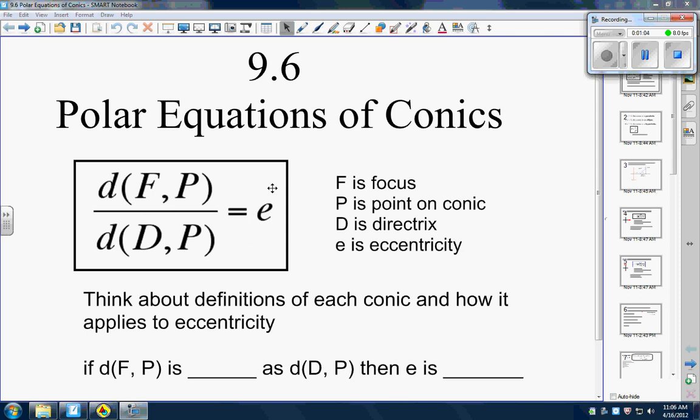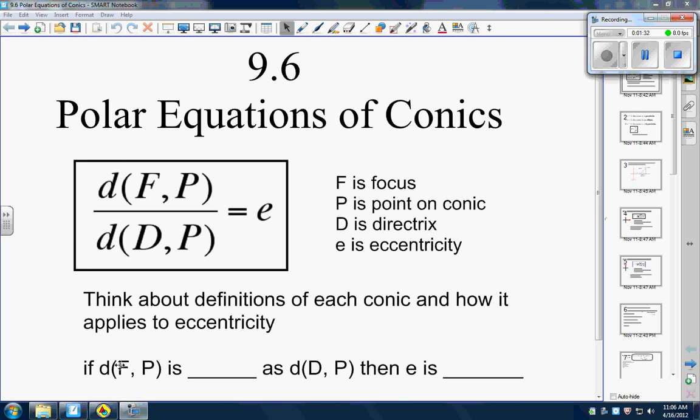So we're going to define this thing called eccentricity. We're going to say distance from F, which is a focus, comma P, so distance from the focus to some point on the conic, and we're going to look at it as a ratio of the distance D, from the directrix to that point, and we're going to define that as eccentricity. So think about how we created each conic and how it applies to eccentricity.